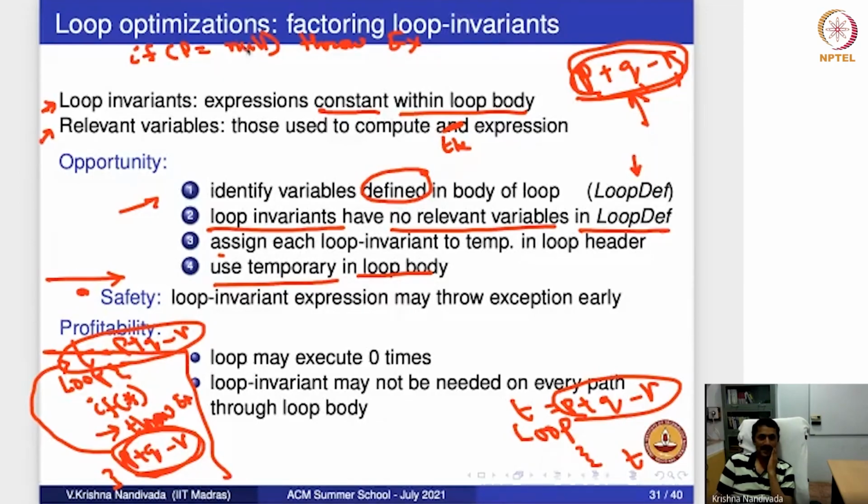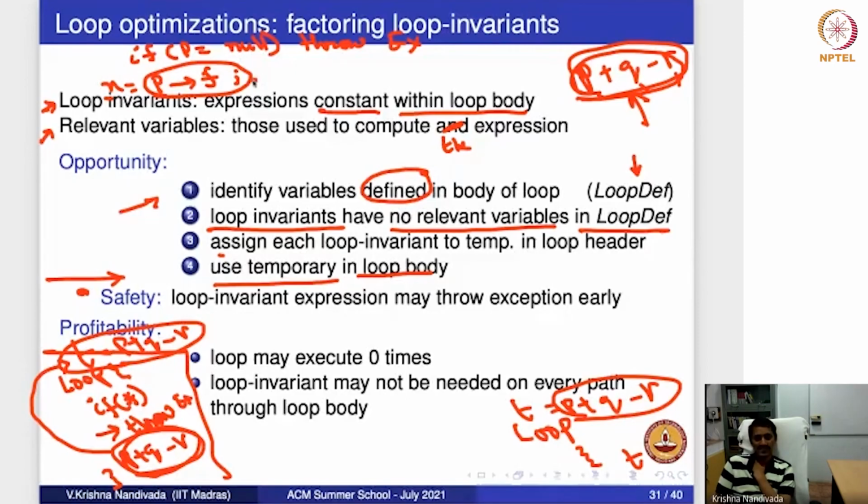This is capital NULL, C++ capital NULL. And otherwise, I'm accessing P arrow field, X equal to P arrow field. Now, this part is loop invariant, isn't it? P is not changing anywhere. P arrow F is loop invariant.